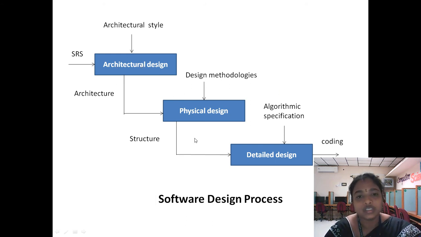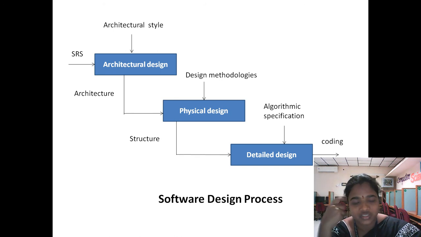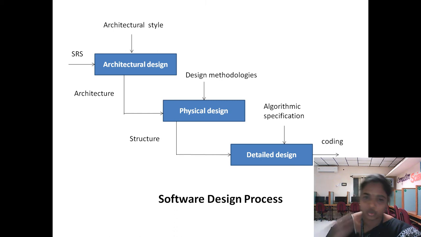Then we will go for the physical design. The next phase is physical design. Physical design is a high level design or structural design which is concerned with the conceptual view of the system. It mainly focuses on the conceptual view of the system, like identifying the modules, decomposing the modules into sub modules, interconnections among the modules, data structures and the data stored in the system.